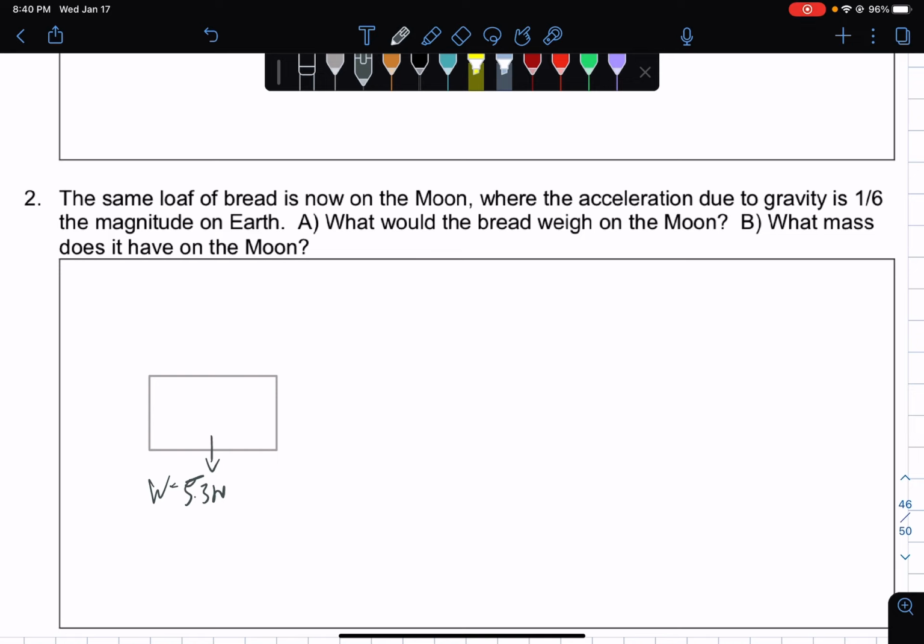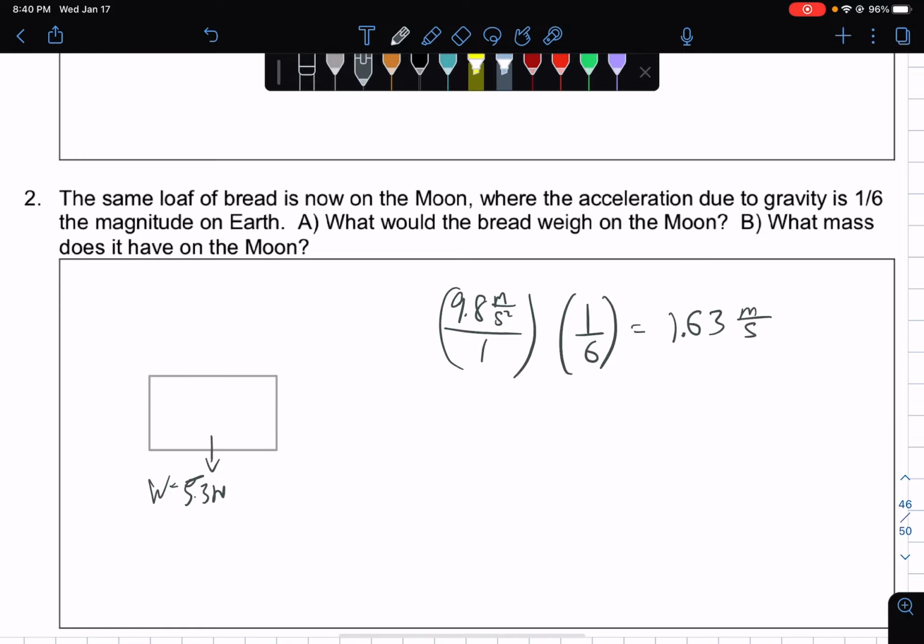So on the moon, the gravity is just 1/6 of the Earth's. So let's say 9.8 meters per second squared, that is the gravitational acceleration on Earth. Multiply that by 1/6, and then we'll get the gravitational acceleration for the moon. 9.8 over 6 is equal to 1.63 meters per second squared.